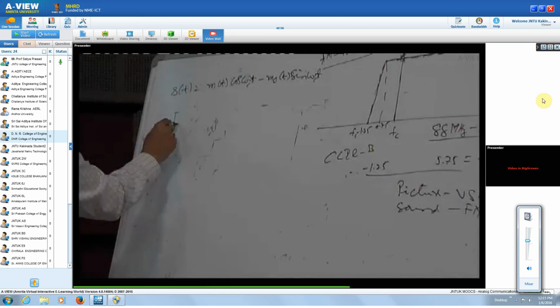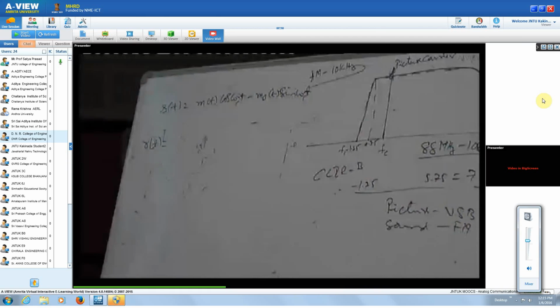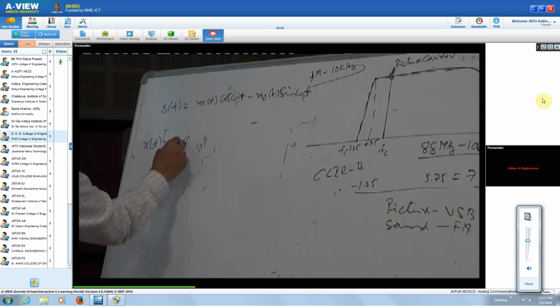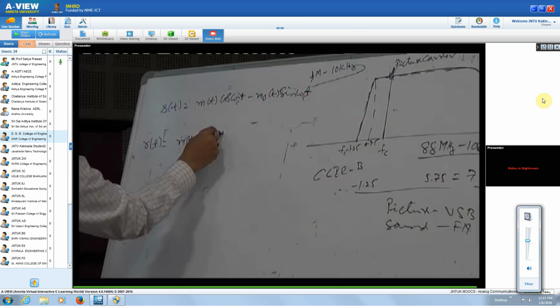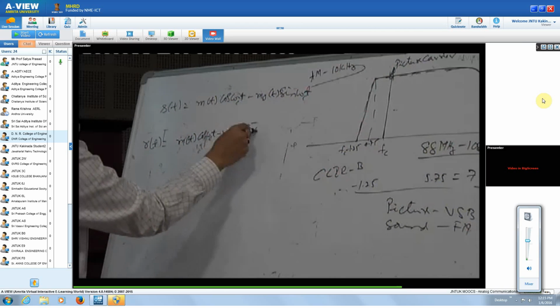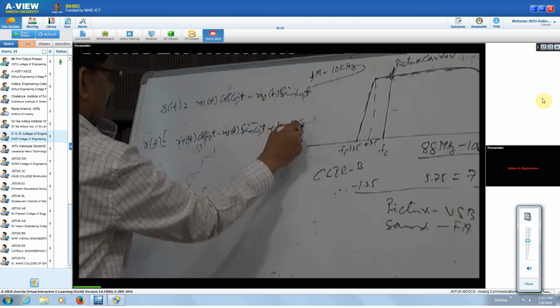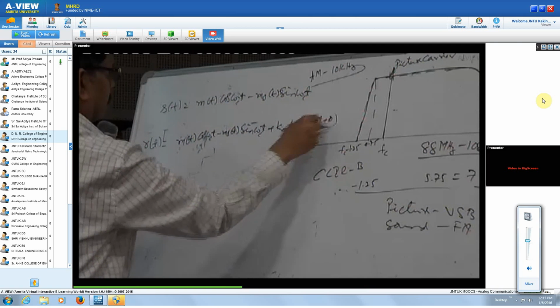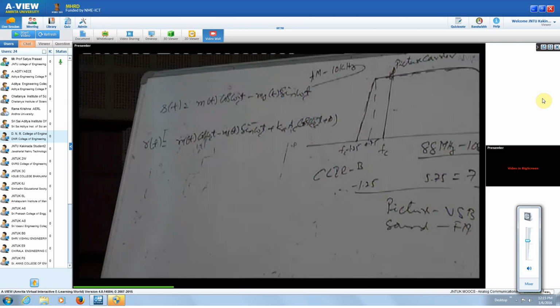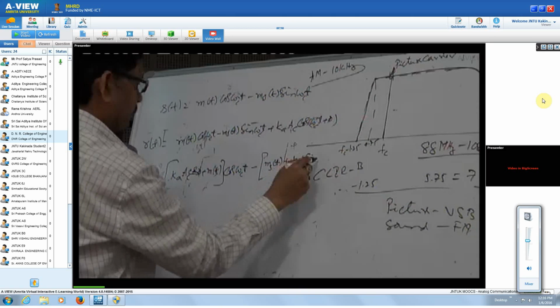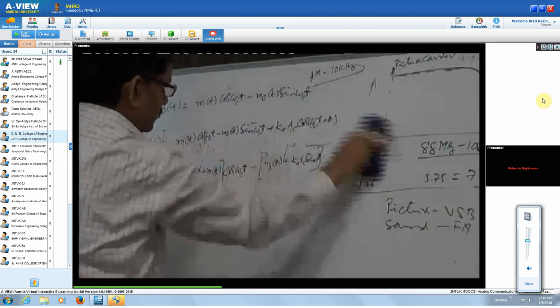So the received signal r of t will be m of t cos omega ct minus ms of t sin omega ct plus ka Ac cos omega ct, that is the carrier, along with the sin omega ct term.